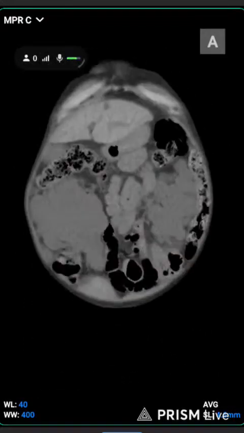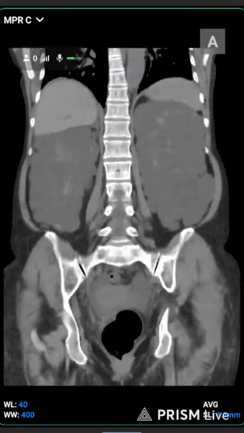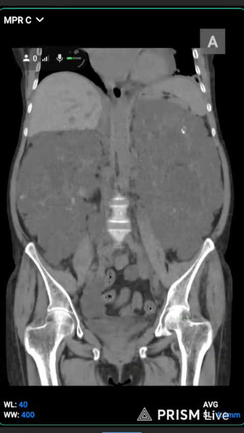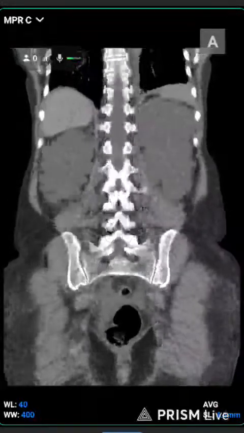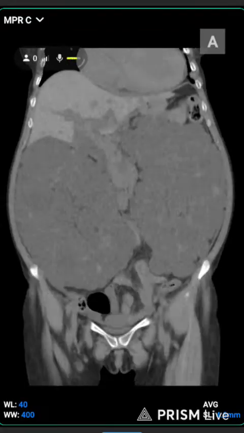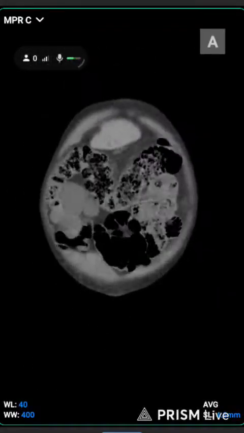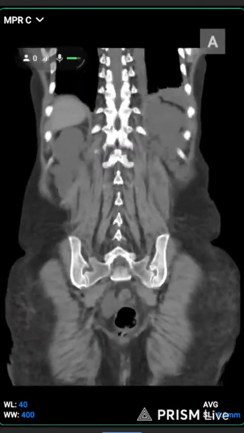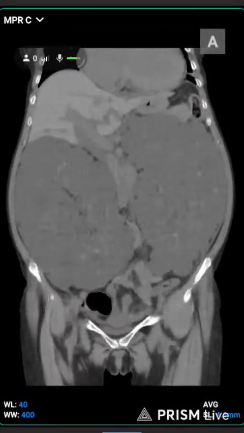So if you find this type of patient, it's called polycystic kidney. Polycystic liver also, polycystic bladder also. Yesterday I showed you that. So if there are lots of cysts, it's called polycystic. Just keep it in mind.